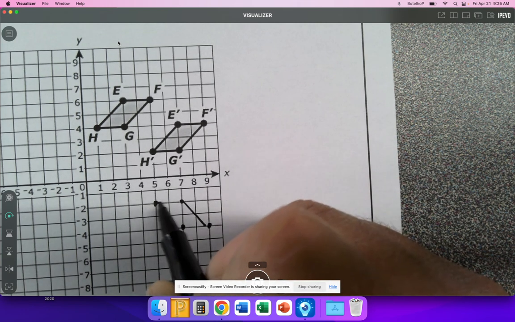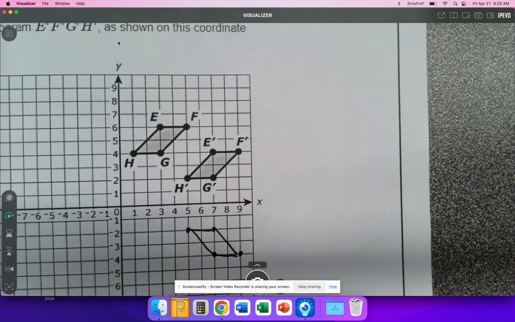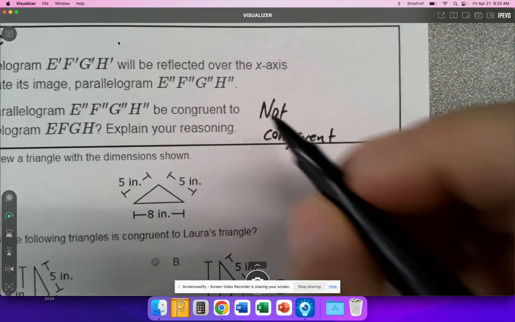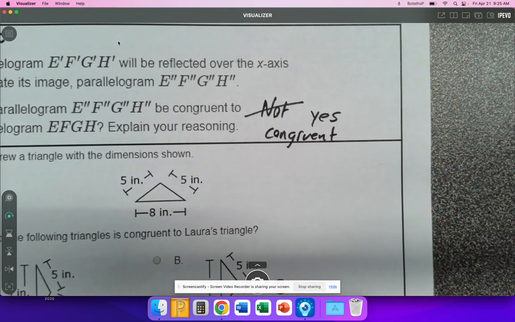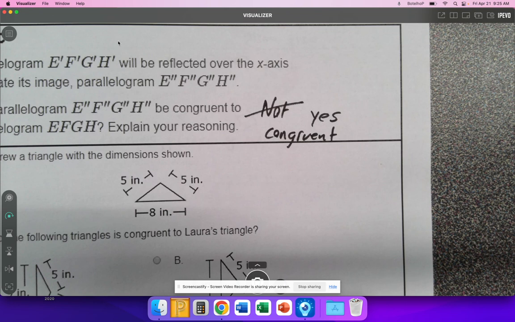So again, just sketching it out, the reflection doesn't change that they are indeed congruent. So the answer, math by mistake, is yes, congruent. Great. So hopefully looking at those, you know that if anything is reflected, translated, rotated, it stays congruent.